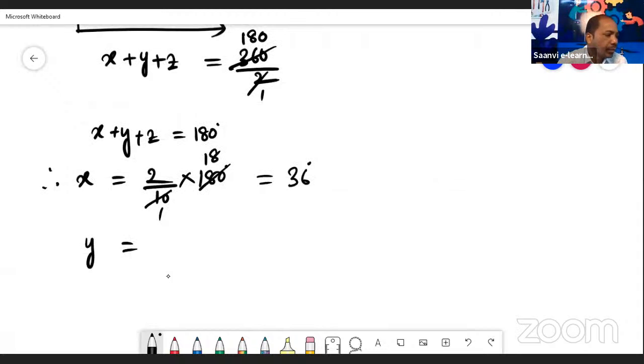So 3 by 10 into 180 degrees. So 10 ones are 10, 10 18s are 180. So you find 18 threes are how much? 54. 18 threes are 54. So Y is equal to 54 degrees.